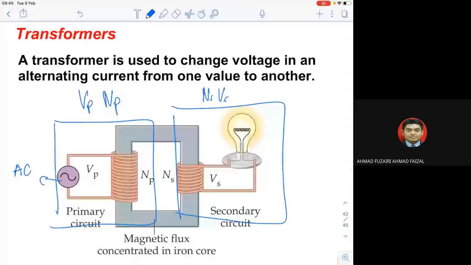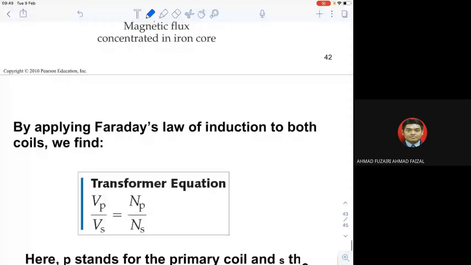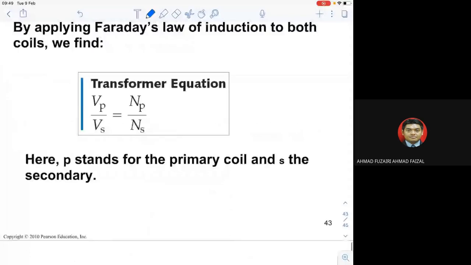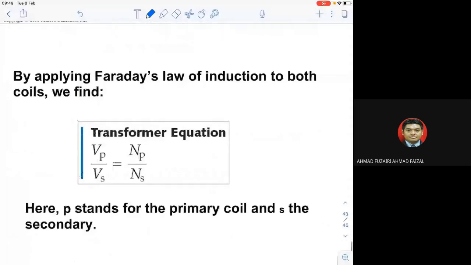P and S, P is primary and S is secondary. And you need to remember one thing: in order to understand the transformer equation, try to remember power. Power equals IV. So P primary will be equal to P secondary.